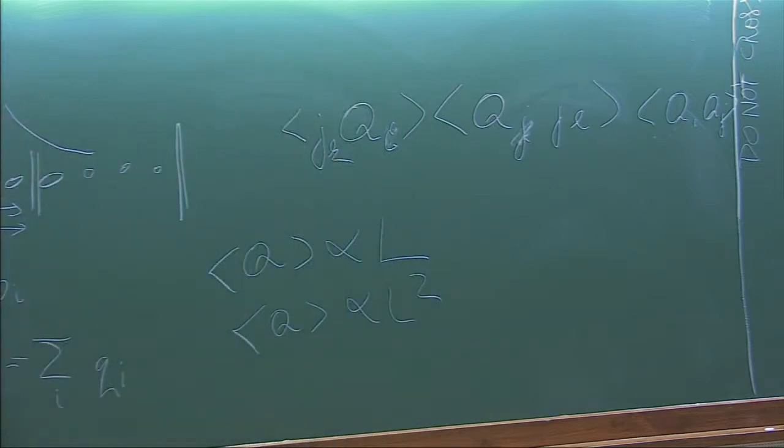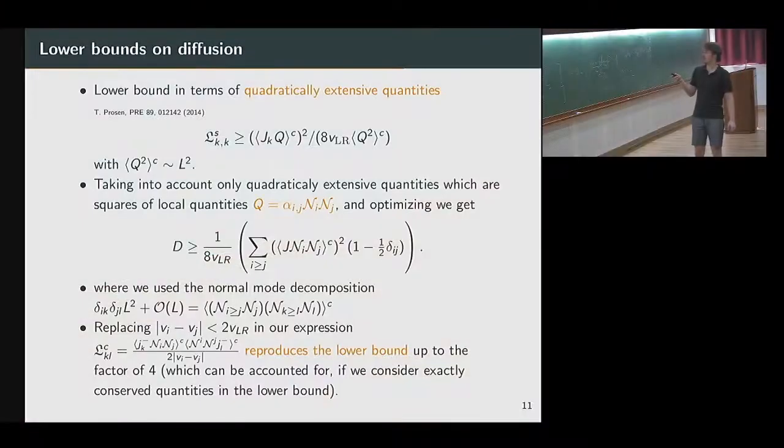So basically using the Lieb-Robinson theorem and quasi-locality and exponential clustering, Tomaž proved that the Onsager matrix can be lower bounded by the overlap of J with this quadratically extensive conservation law squared divided by the norm of this quadratically extensive conservation law, with some constants.